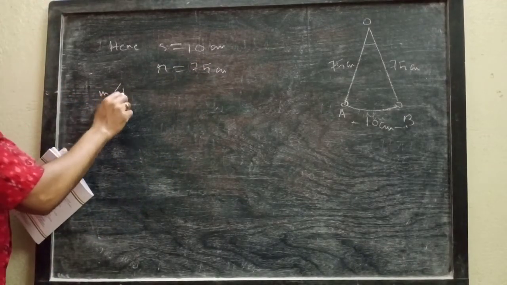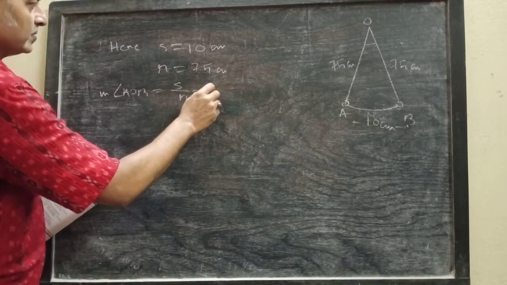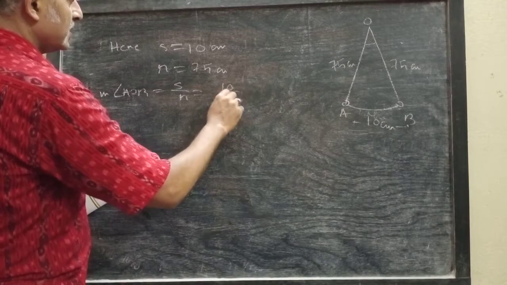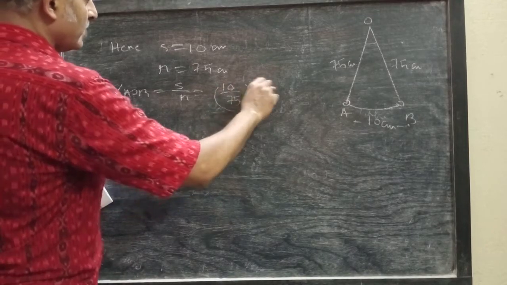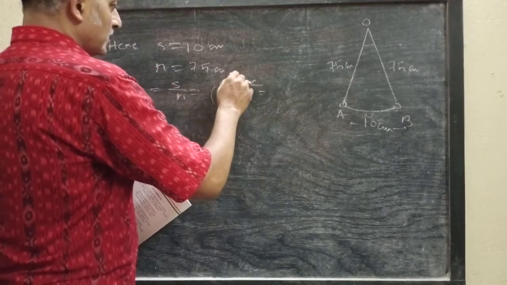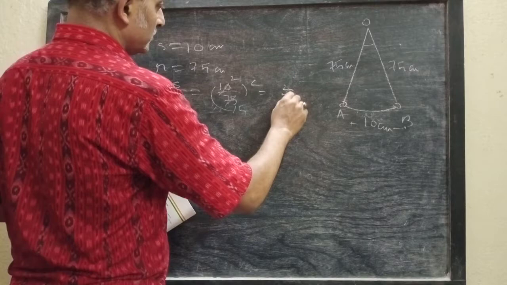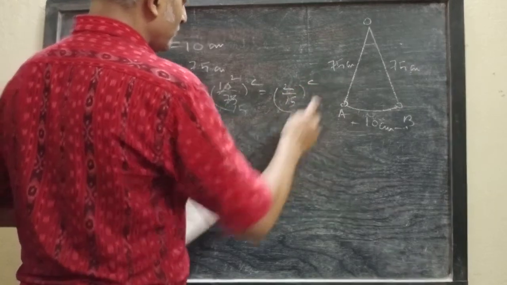So the measure of angle AOB will be S by R, that is 10 by 75 radian. If you cancel it with 5, 5 15s are 75. So this will become 2 by 15 radian.